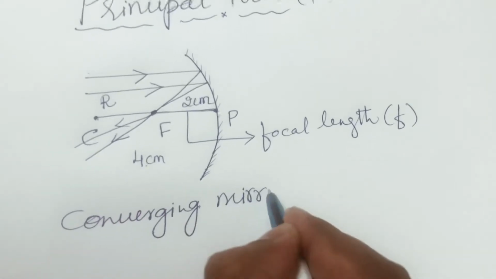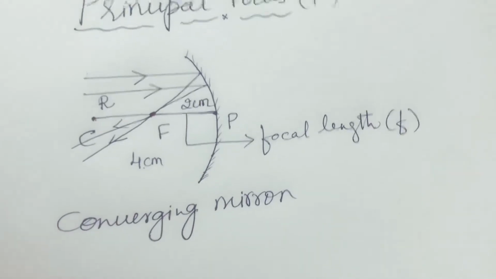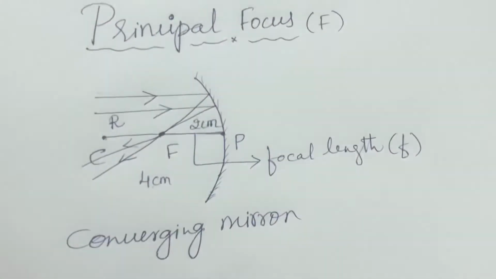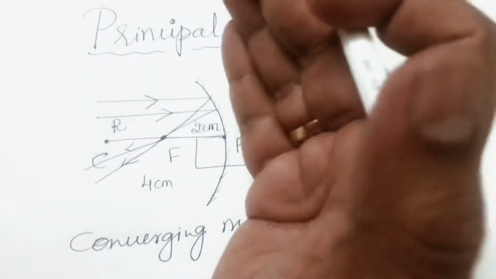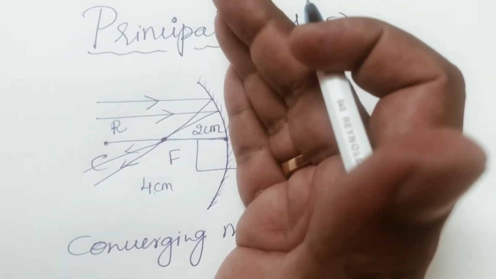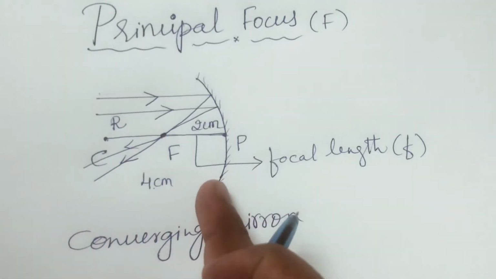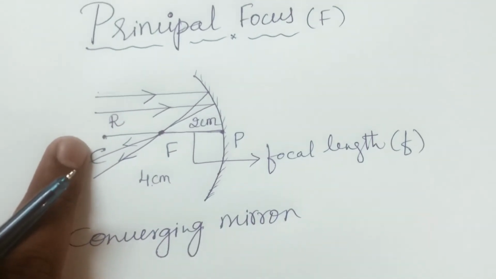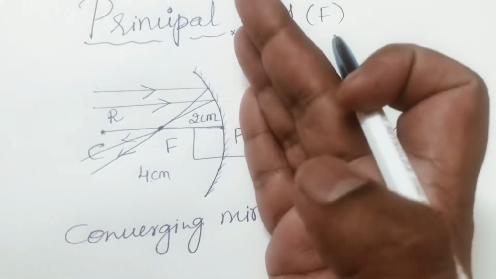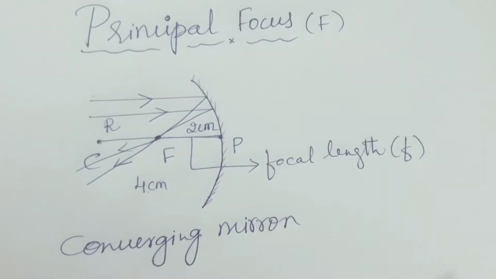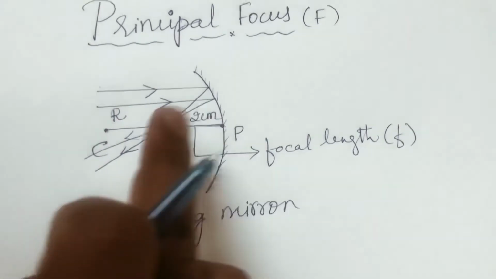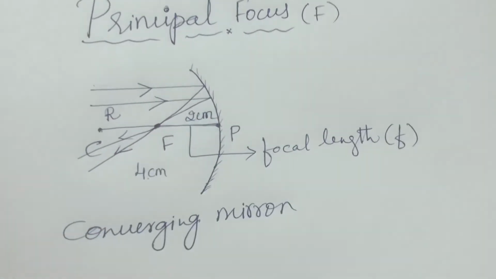Another name for a concave mirror is converging mirror. What is a concave mirror basically? It is a spherical surface in which the reflecting surface is towards the center of curvature, where the other side of the mirror is coated with a silvery layer. This is all about the principal focus of a concave mirror.